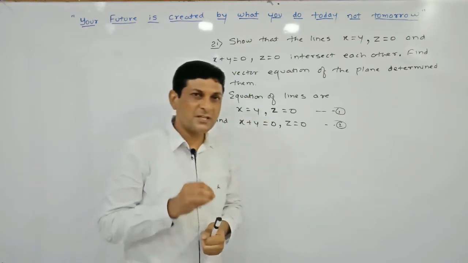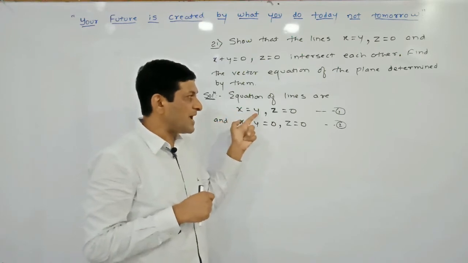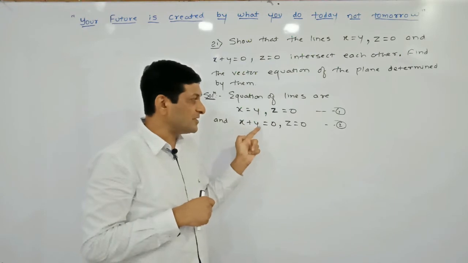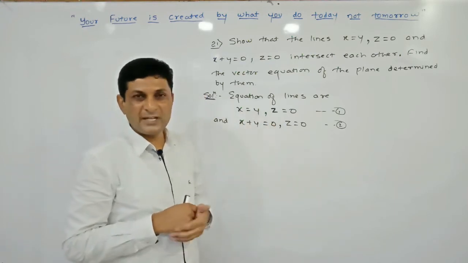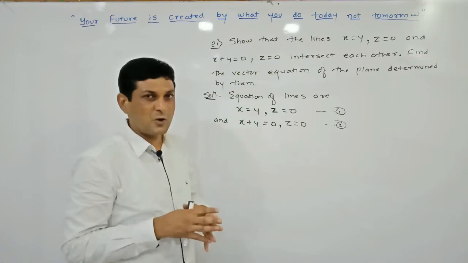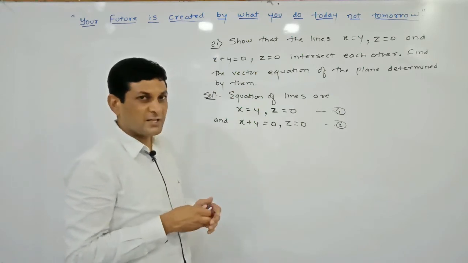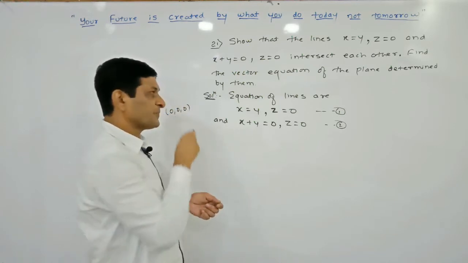If you observe the equation of the first line, what is it? x is equal to y, z is equal to 0. Equation of second line is x plus y is equal to 0 and z is equal to 0. Equations of both lines are given, and easily we can observe that the coordinates of origin satisfy both equations. What are the coordinates of origin? 0, 0, 0. Let us check it.